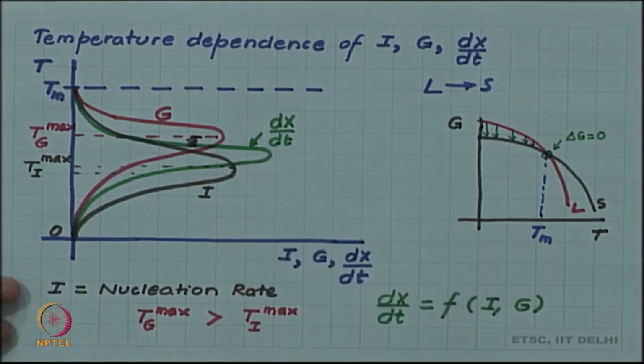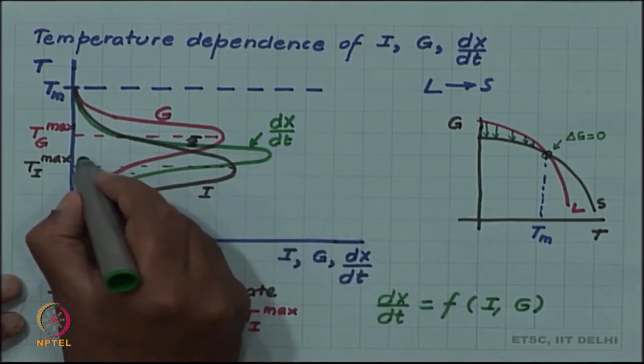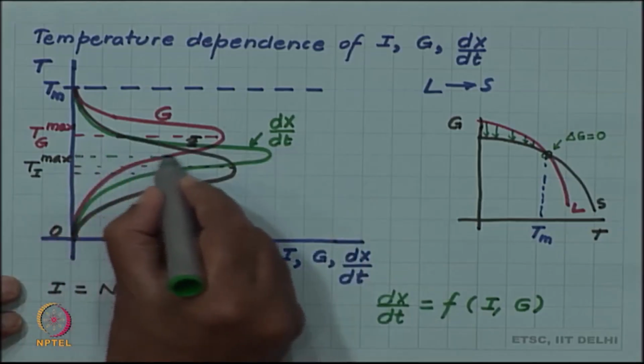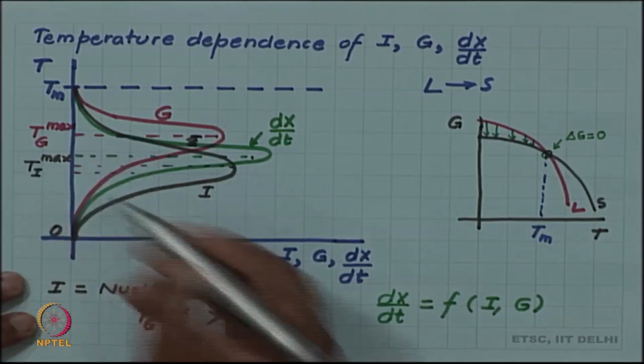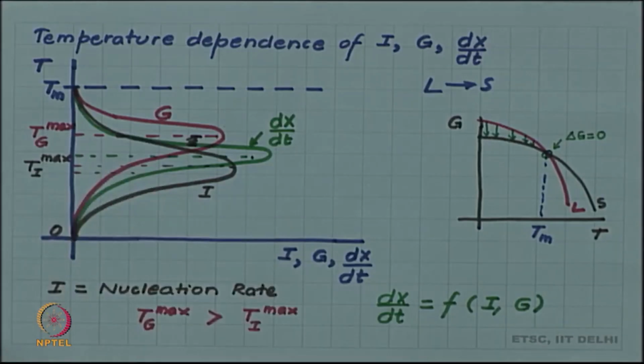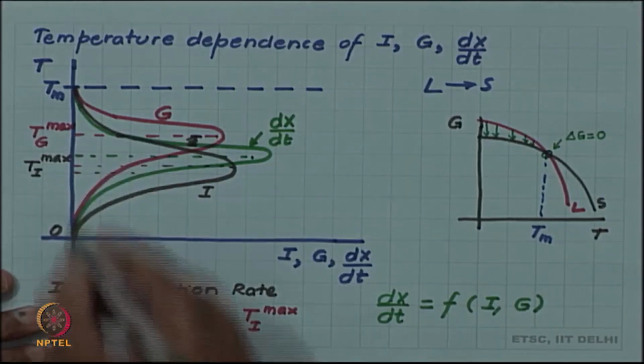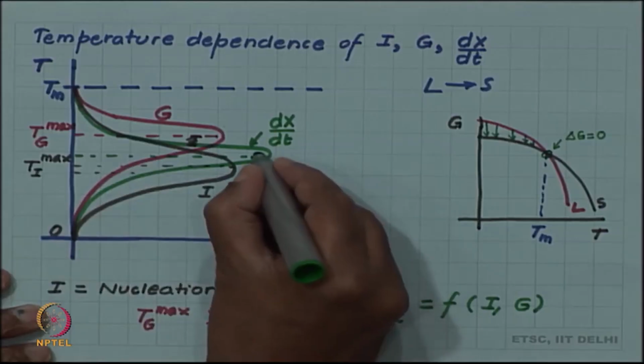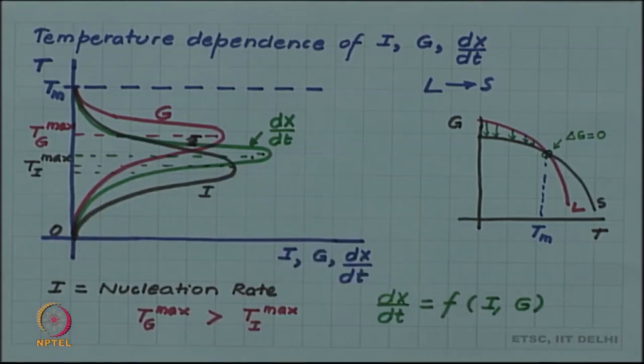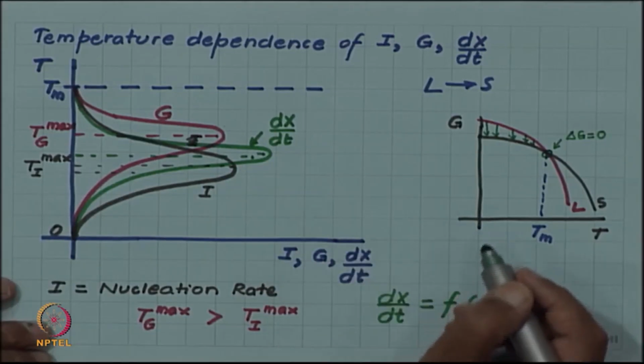it will also have the same pattern and will have a maximum somewhere between Tg max and Ti max. So, this is the overall transformation rate.